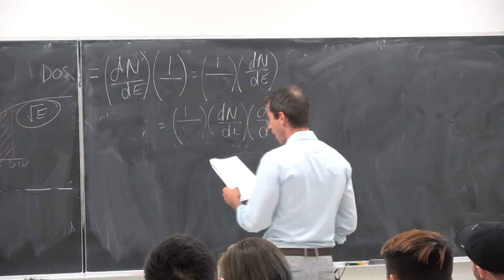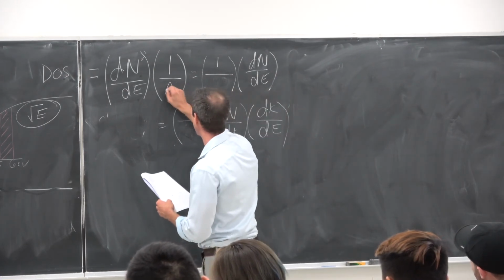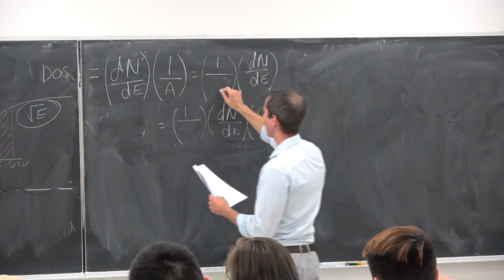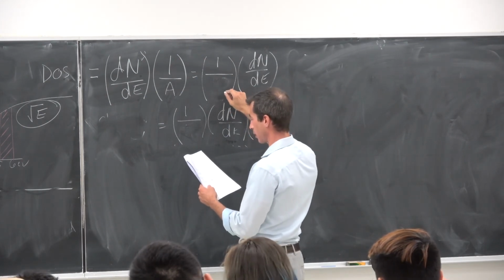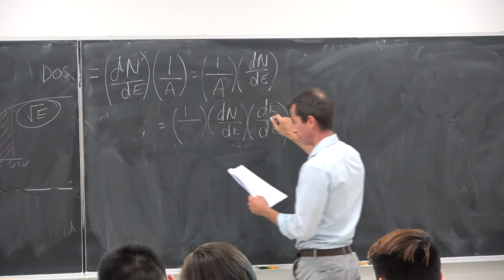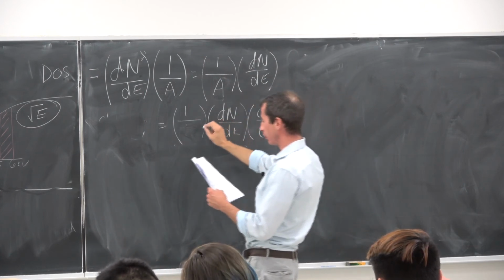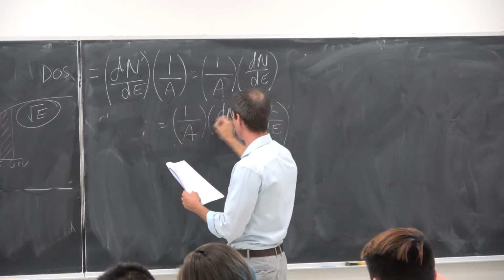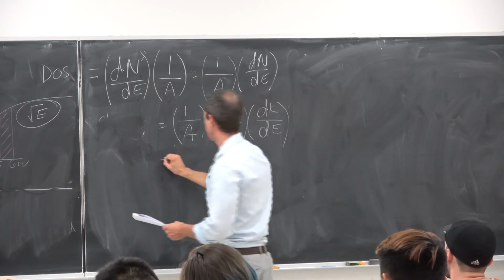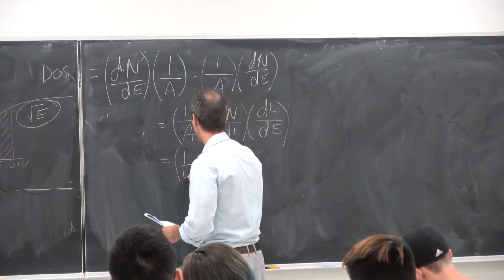Okay, so now we're going to do 1 over A, and then the chain rule again, dn dk. The area here is 1 over L squared.